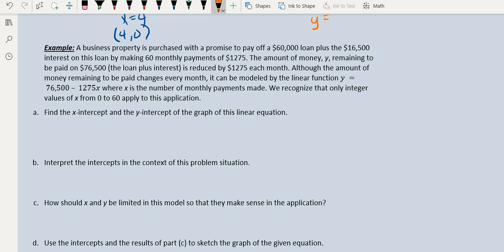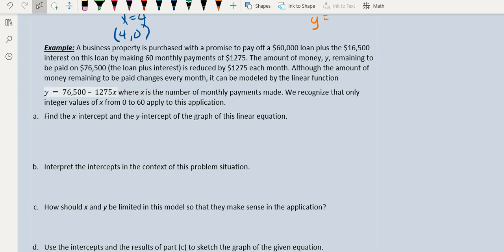Although the amount of money remaining to be paid changes every month, it can be modeled by a linear function. y equals 76,500 minus 1275x, where x is the number of monthly payments made.